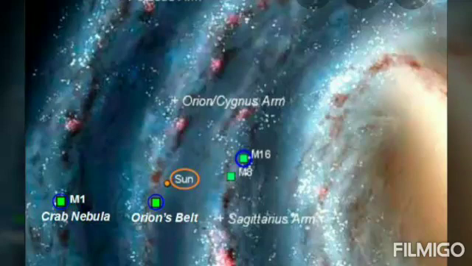If you see the picture of the Milky Way Galaxy and any other spiral galaxies, you will see a number of spikes, a number of curls coming from the center of the galaxy extending outwards. These are called the arms. One of the arms in our Milky Way Galaxy is the Sagittarius arm, whose subpart is the Orion arm. Our sun is present in the Orion arm.